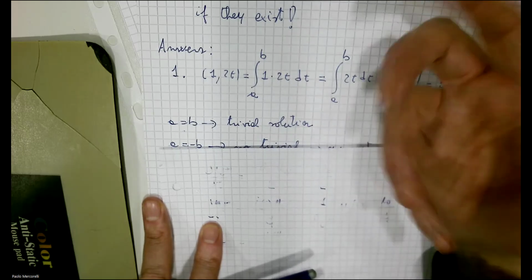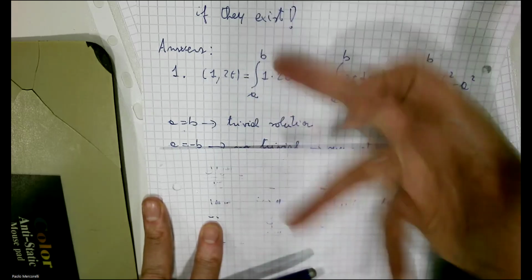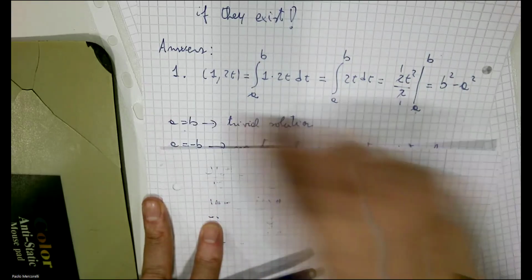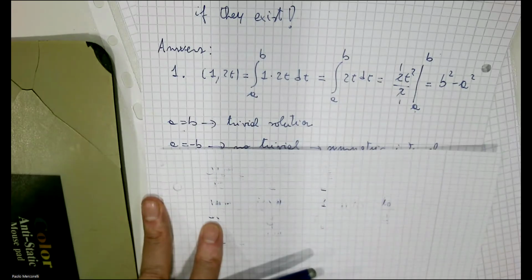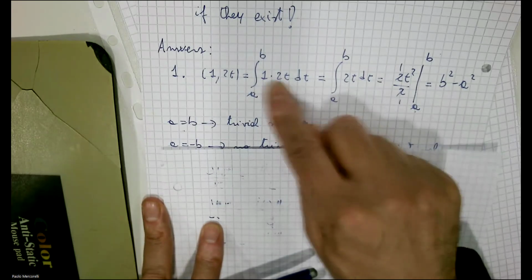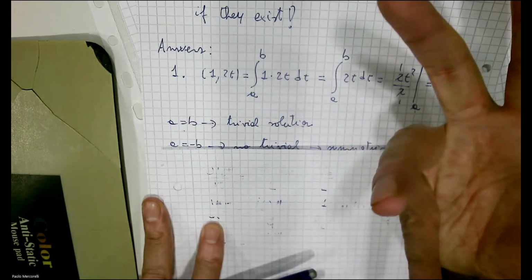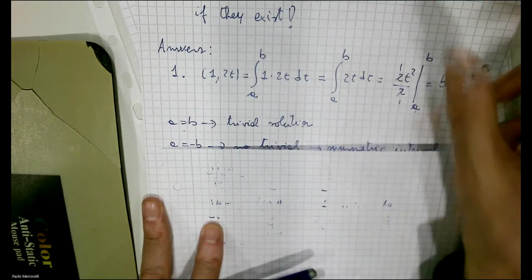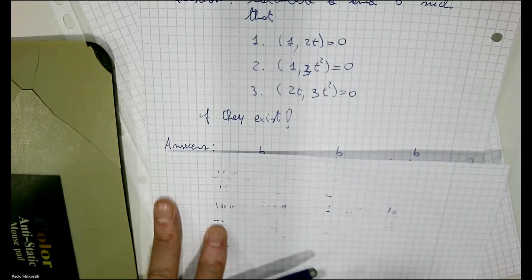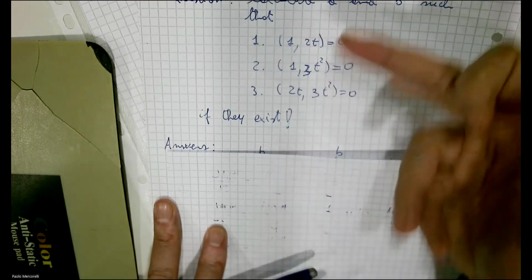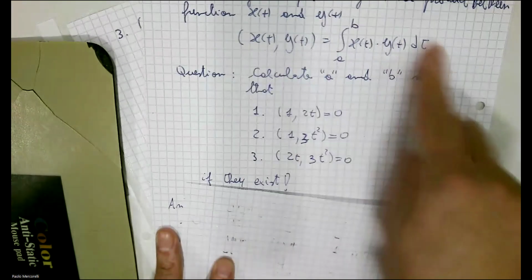This means with a trivial solution I cannot work. I would like to say that these two functions are never orthogonal, because you remember that equal 0 means, in the context of the inner product, that the two functions are orthogonal in accordance with this definition.